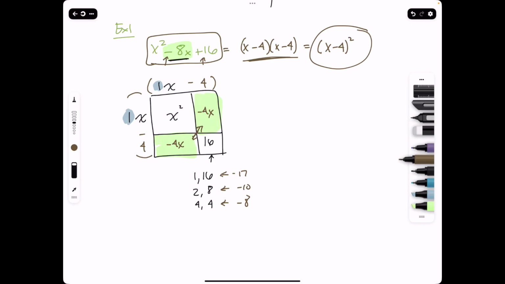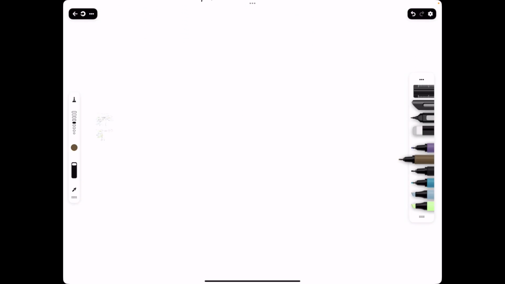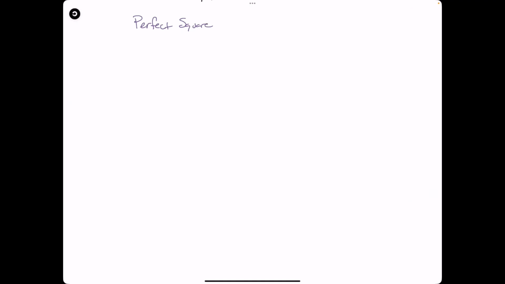The orange box that your book shows right before this is called perfect square trinomials. It's just the pattern. Perfect square trinomials for every real number, a and b, this is going to be true.